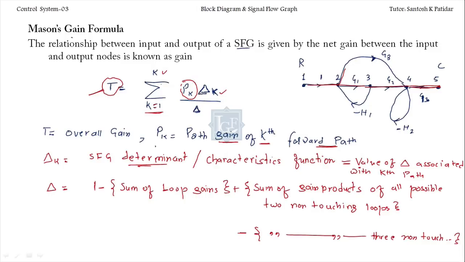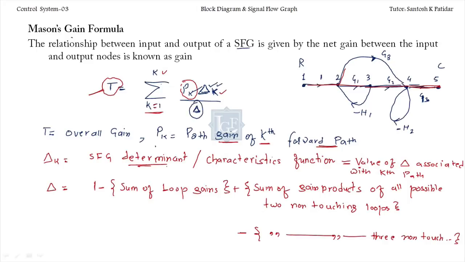This del k is the system determinant related to a particular path. If you consider the first path, related to this path we will calculate del k. If you consider the second path, corresponding to the second path I'll get the value of del k, or del 2.